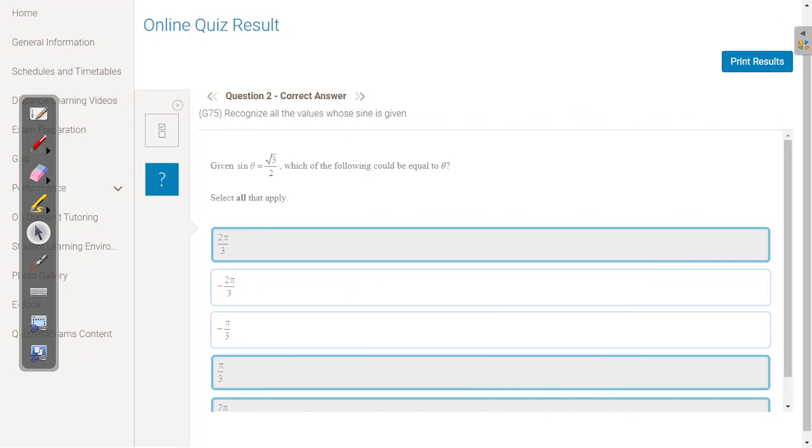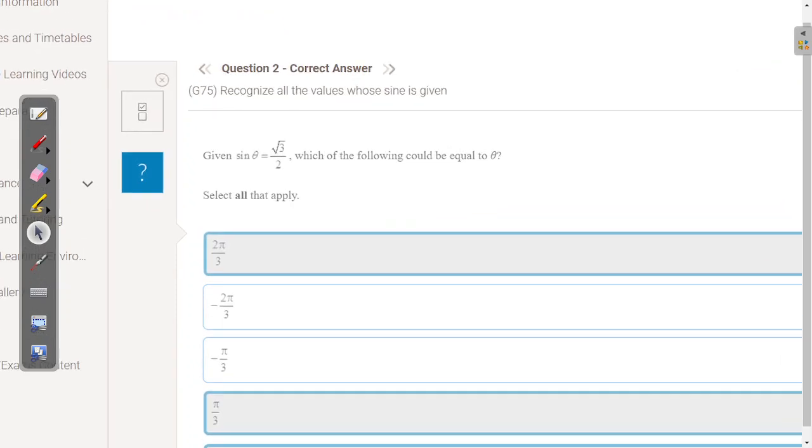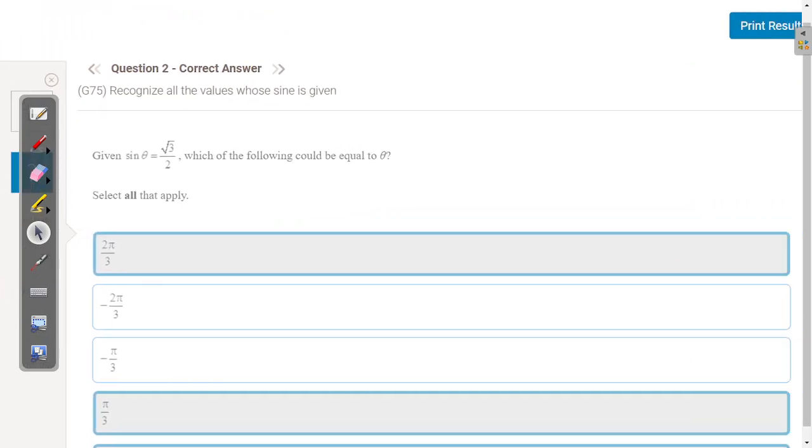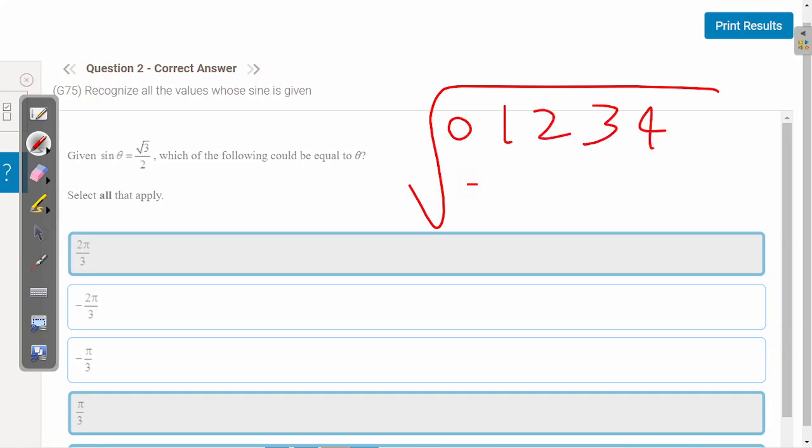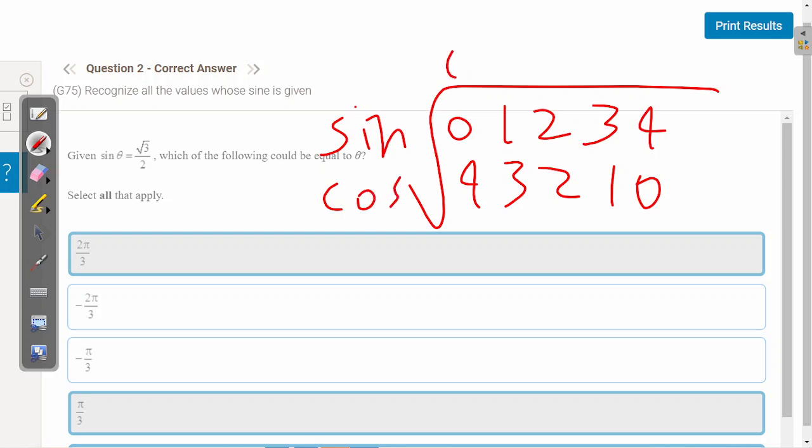Okay, this question, we don't have a calculator in the exam, so you have to memorize it. There is an easy way to memorize it. You make a big square root, put 0, 1, 2, 3, 4, and the opposite 3, 2, 1, 0. You put sine for above and cosine here. 0, 30, 45, 60, 90.